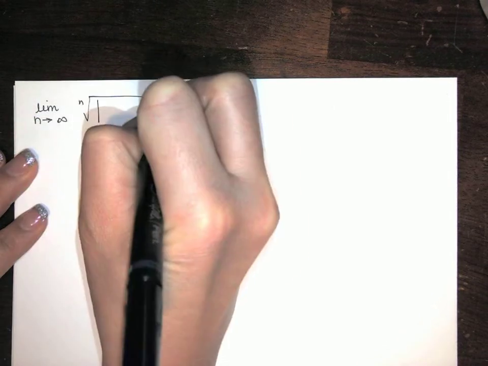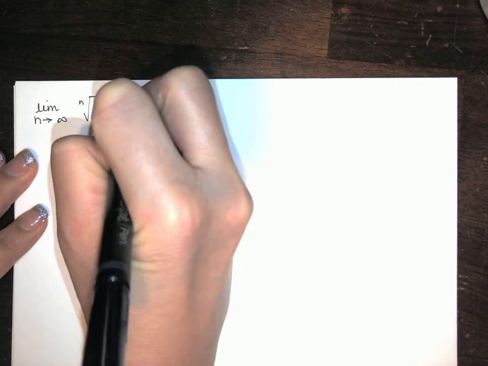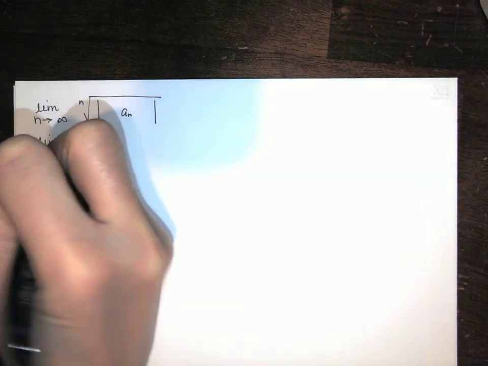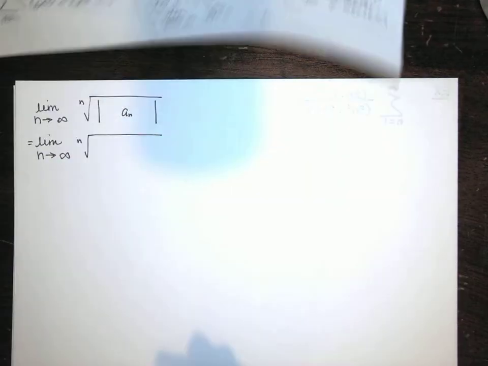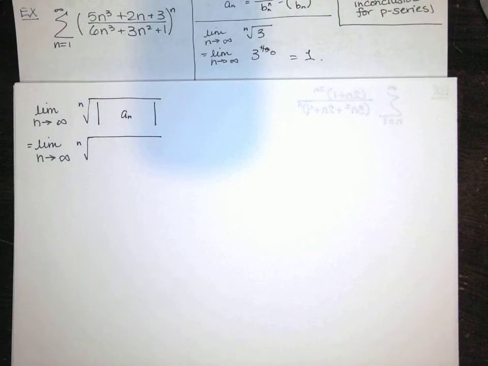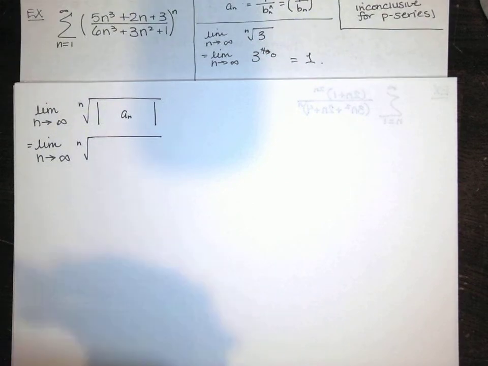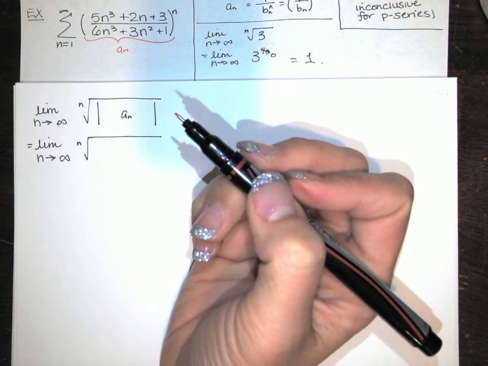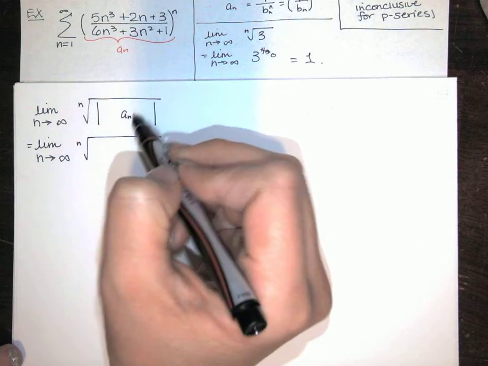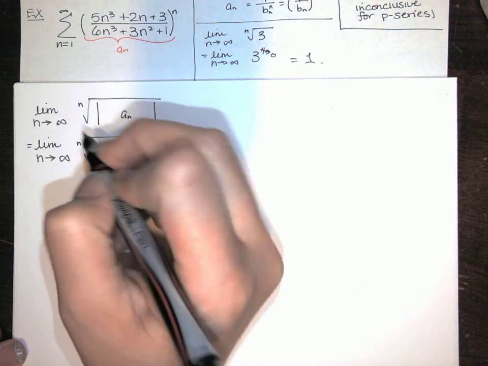So we take the limit as n goes to infinity of the nth root of the absolute value of a sub n, and here is my series. So this is my nth term. So I'm replacing a sub n with all of this.